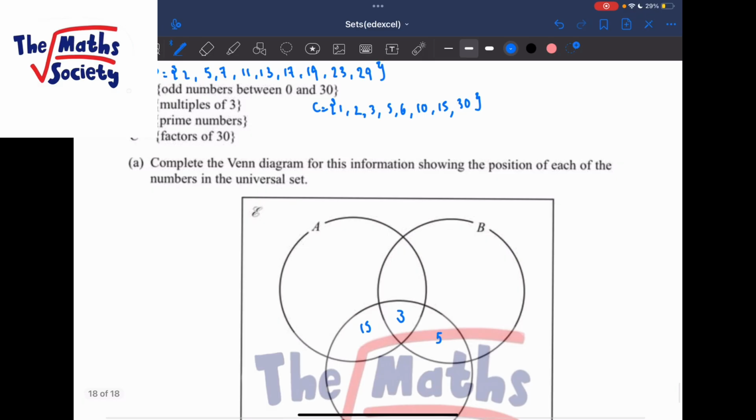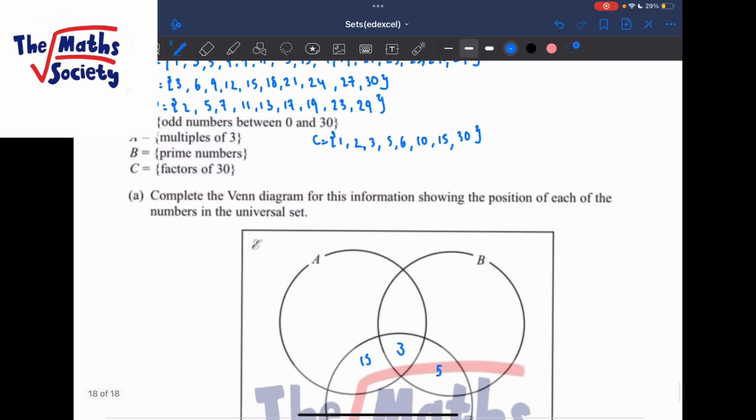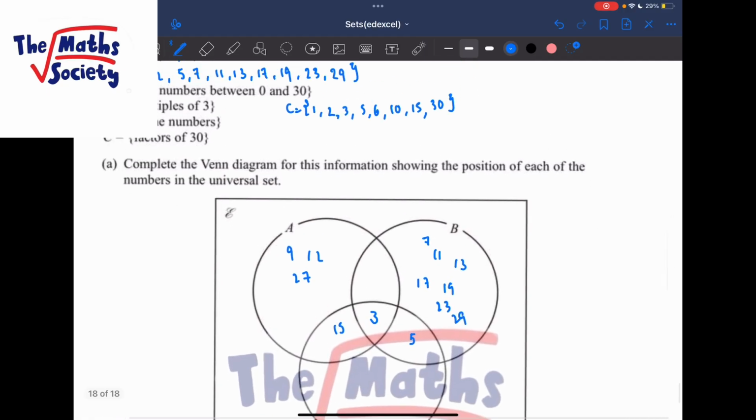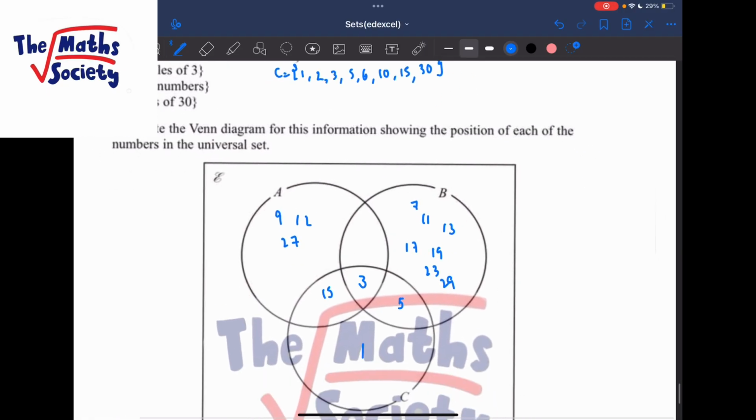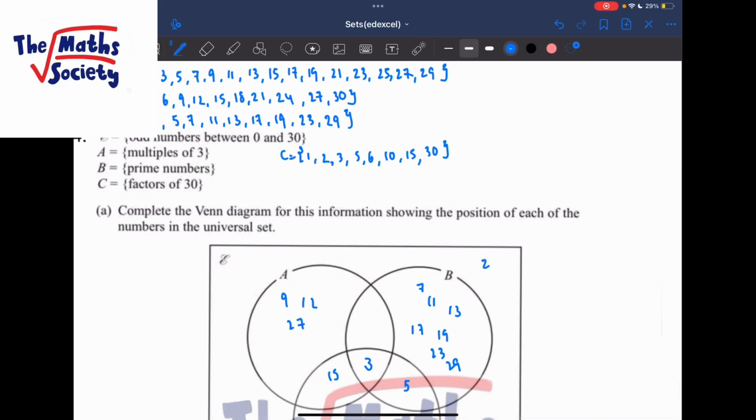Yep, and then A and B would be 7, 11, 13, 17, 19, 23, 29. Then 9, 12, 27. And then in C, it will be 1. Then outside will be 25, because there's 1 thing left.